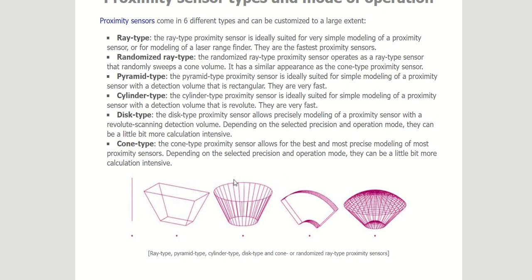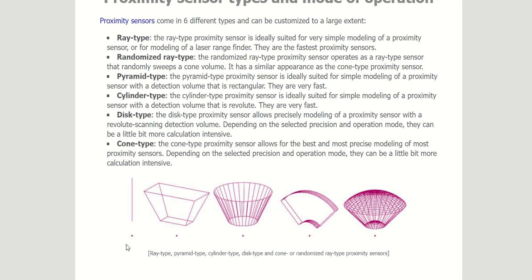The ray type proximity sensor is ideally suited for simple modeling of a proximity sensor or for modeling of a laser rangefinder. As you can see, this straight line stands for the ray type proximity sensor, right? They are basically the fastest proximity sensors.